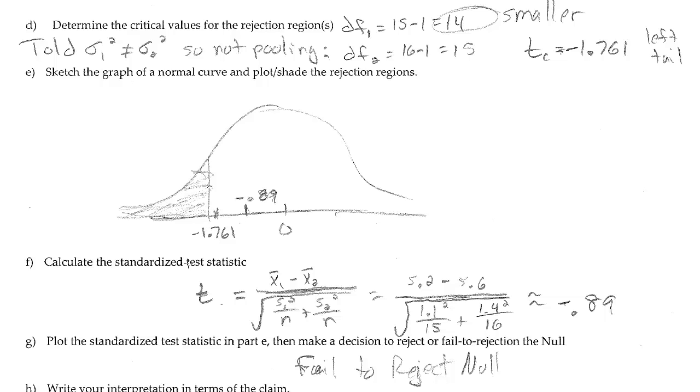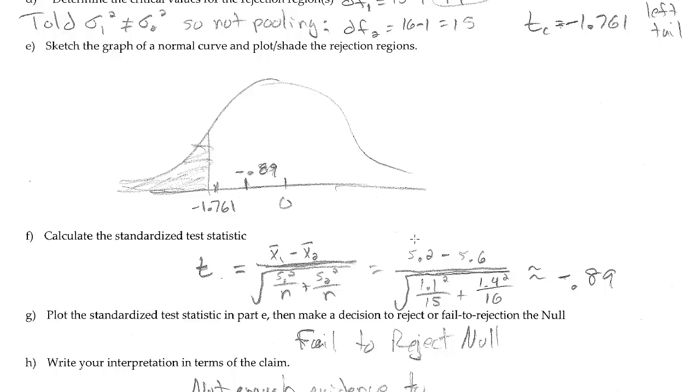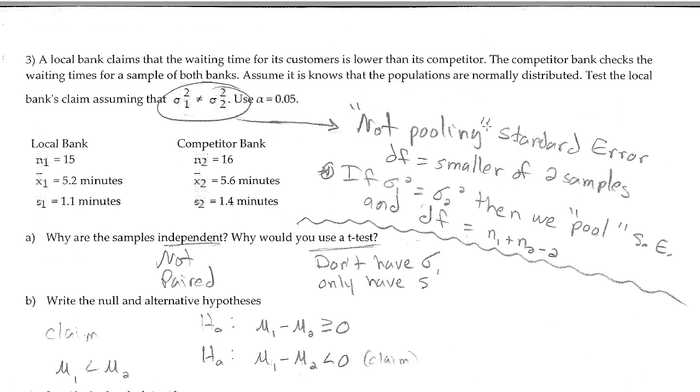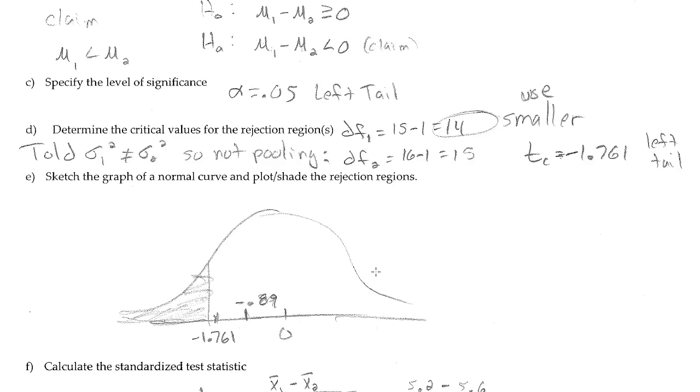Now, the next thing we'd want to do is calculate the standardized test statistic. If we're doing this by hand, here's our formula. We subtract the two sample means from each other to find their difference, and here's me plugging in those values. Because we are not pooling, there is a particular formula for the standard error.